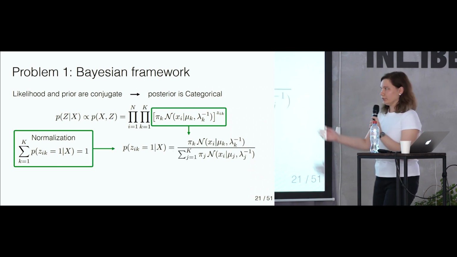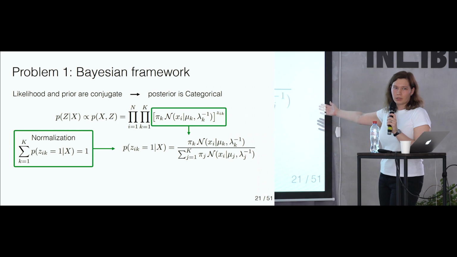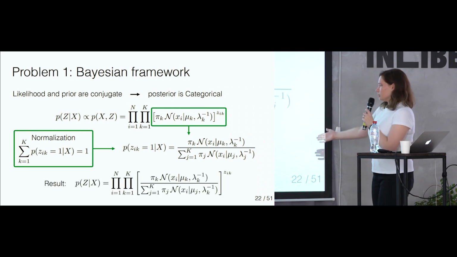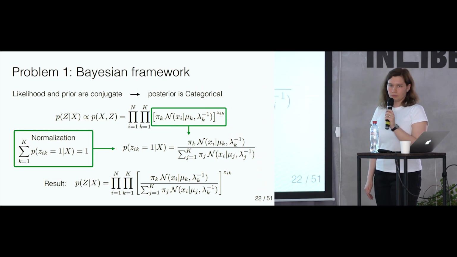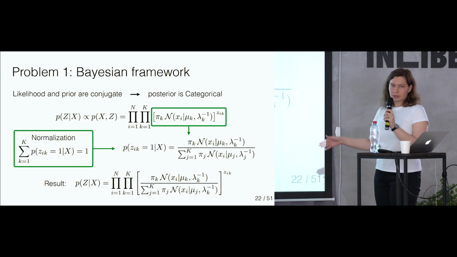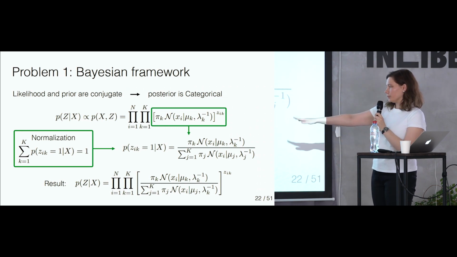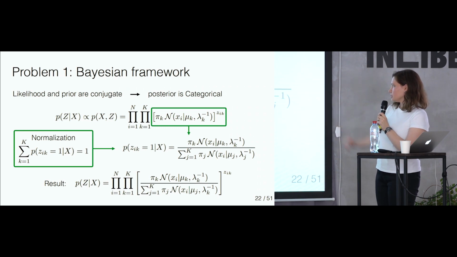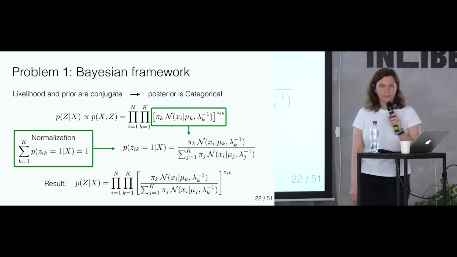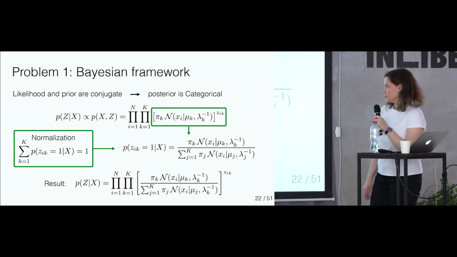So we just normalize these probabilities, and as a result we have a categorical distribution of such form. Here we see that the distribution for each point z_i is independent, so we have a product with respect to points, and use these new parameters of the categorical distribution in our posterior. Do you have any questions?